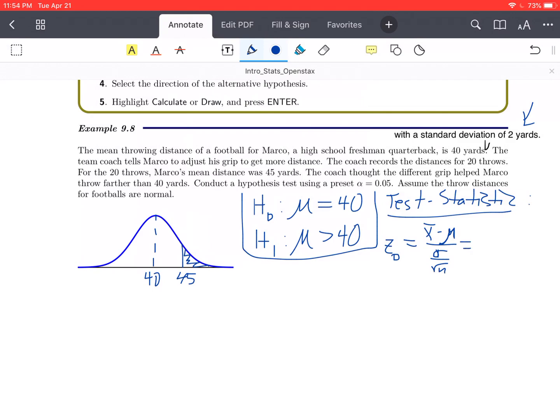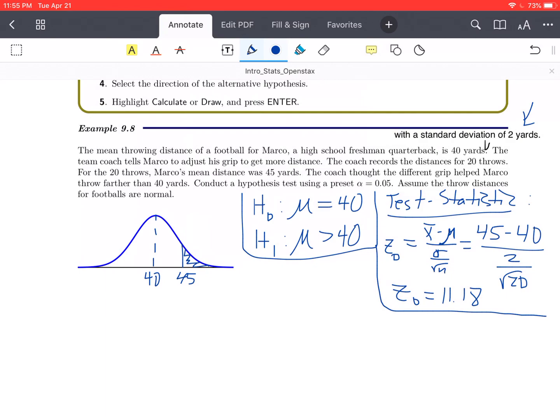In this case, that's 45 minus 40 over 2 over root 20. Plug and chug that, and that gives us z naught equals approximately 11.18. We'll hold on to that because we're going to need it.